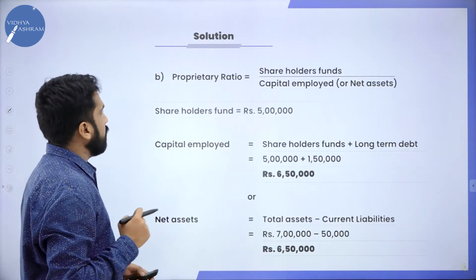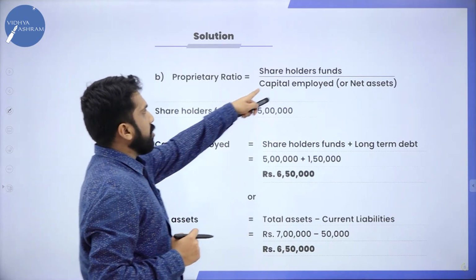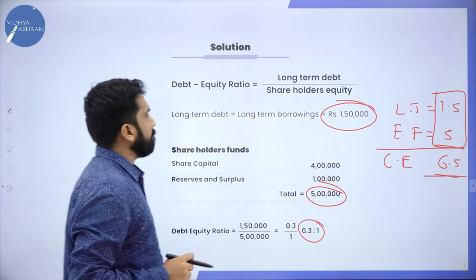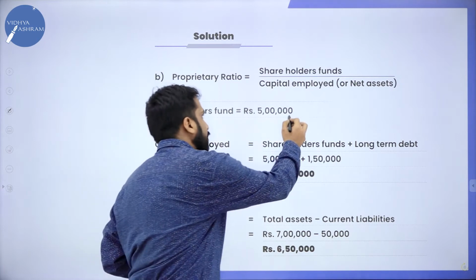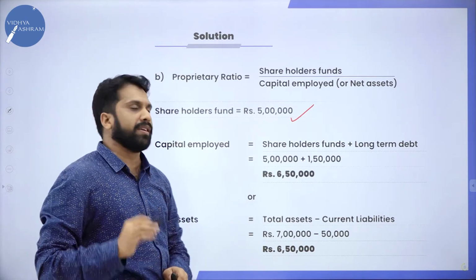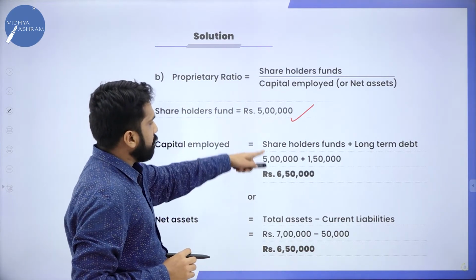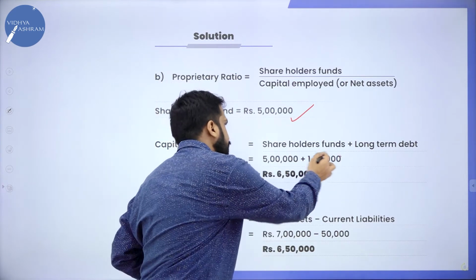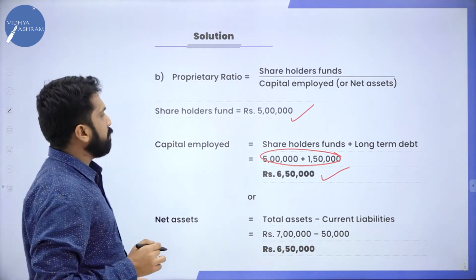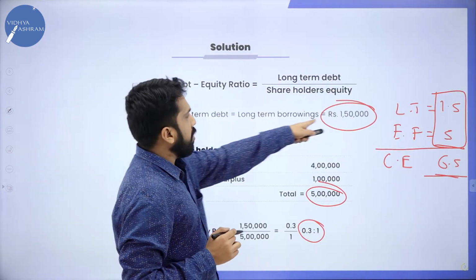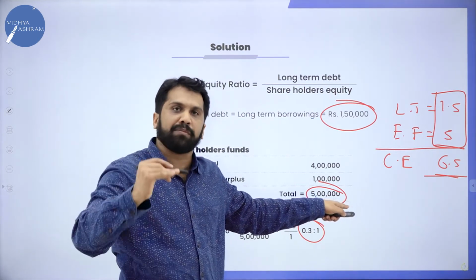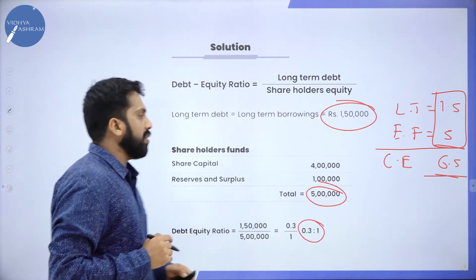Now, proprietary ratio: shareholders fund, already calculated. Shareholders fund is how much? 5 lakh. Divided by capital employed. What is capital employed? I told you 5 plus 1.5. If you add both, you will get 6.5.